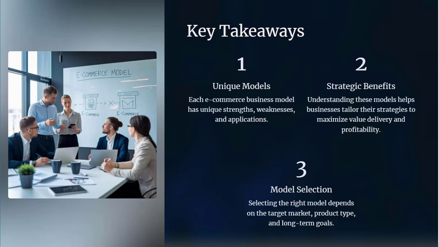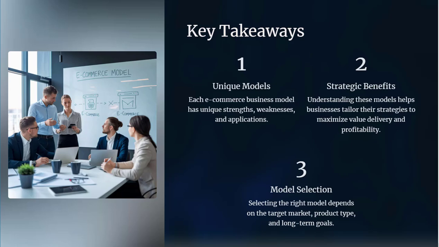So, key takeaways. The key takeaways from this presentation cover the unique characteristics, strategic benefits, and selection process for different e-commerce business models. Each e-commerce model has its own strengths, weaknesses, and applications that businesses need to understand. Knowing these model differences allows companies to tailor their strategies to maximize value delivery and profitability. Selecting the right e-commerce model depends on factors like the target market, product type, and the business's long-term goal.